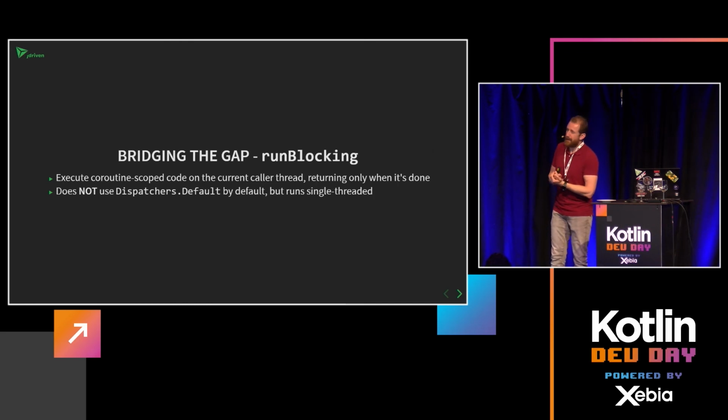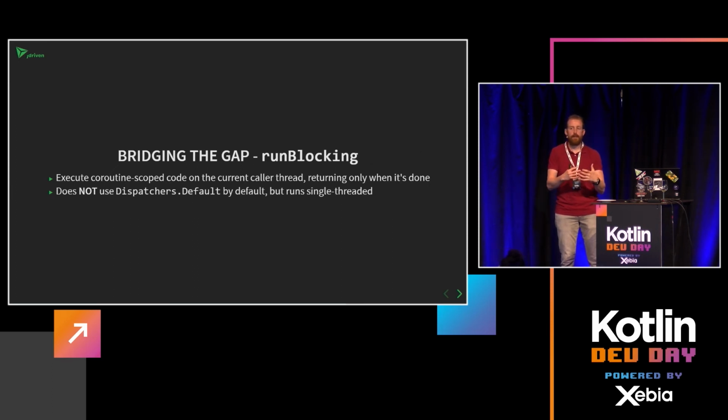It sounds a bit scary, runBlocking, because we've been talking about being non-blocking all the time and not blocking anything, and now all of a sudden we are blocking, but in this case it's something you want, because basically you're in a normal context and you're calling some code that uses coroutines, and you want that whole block to have finished when your function returns.